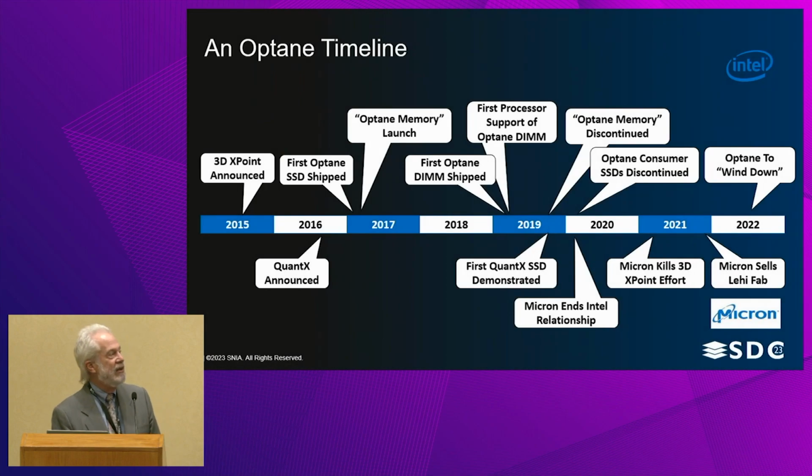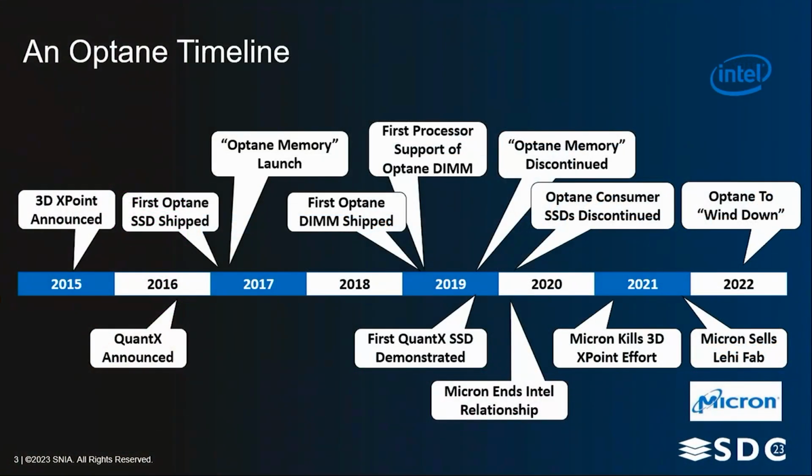So I'm not going to go step by step through this, but this is Optane's 7-year life, or at least the visible 7 years of it. Actually, the first phase change memory that Intel introduced was in 1969.